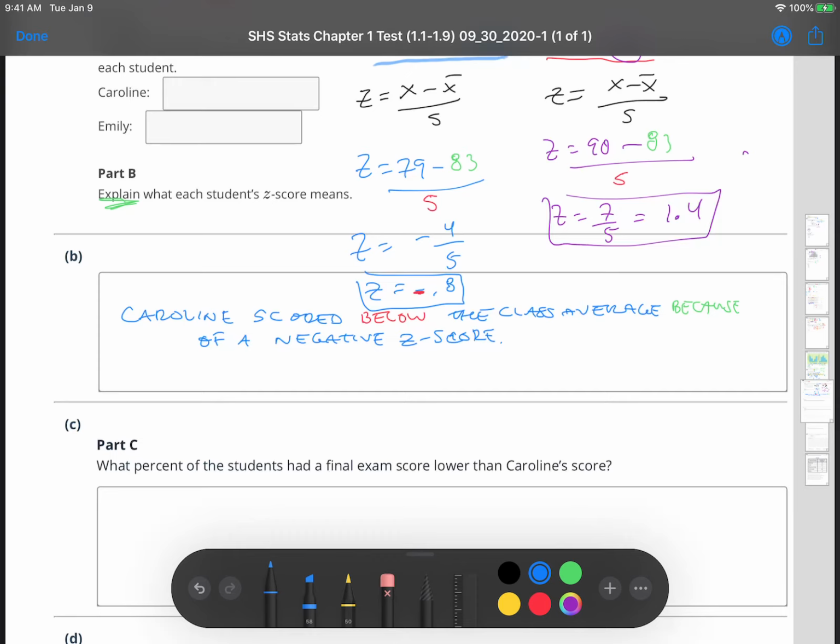Or you can say Caroline scored below Emily's, because Emily scored above the class average.